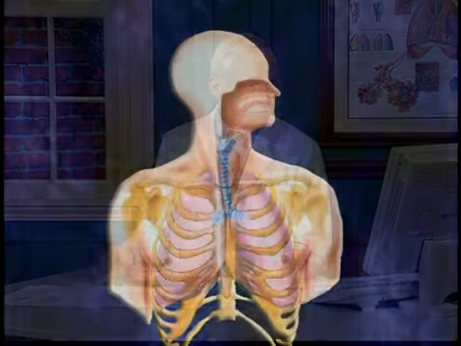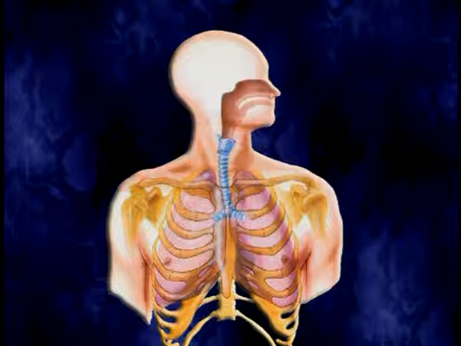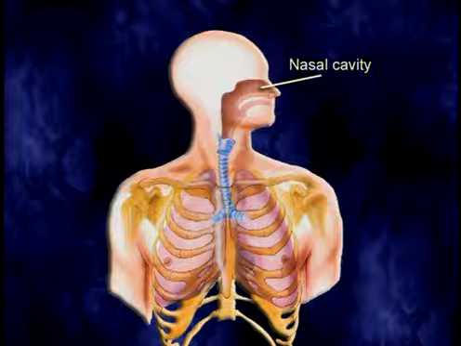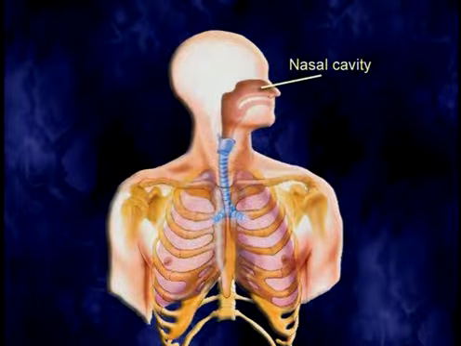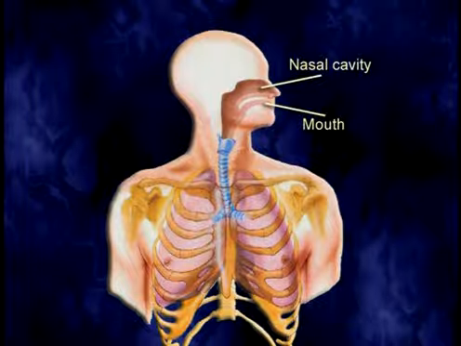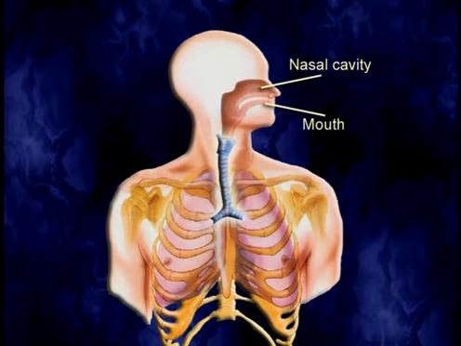If you look at the first slide, the biggest view, we see here the nasal cavity, which is much bigger than you think when you just look at the little openings of the nose. Very, very big cavity. And the mouth. They join together in the back, and they meet right here at the airway.